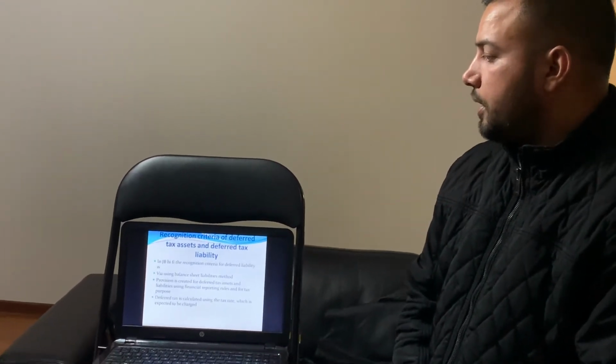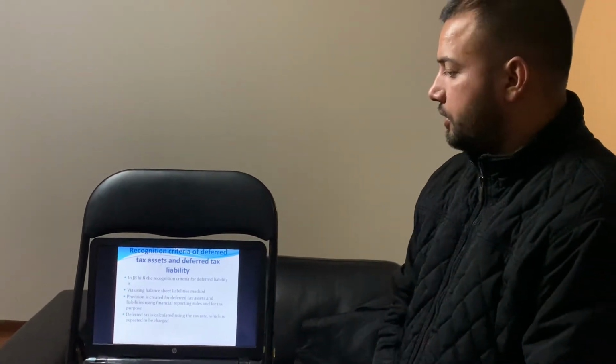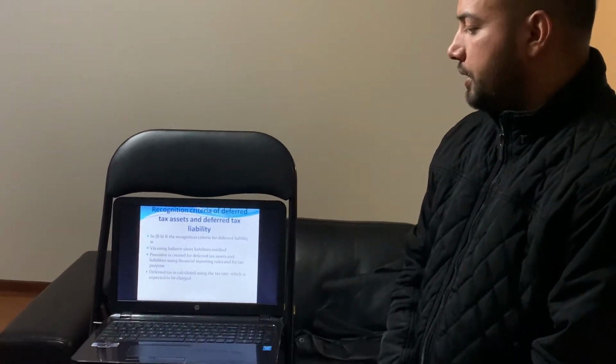Moving forward, the recognition criteria of deferred tax assets and deferred tax liabilities. What are the recognition criteria, and which are the standards? In JB Hi-Fi, the recognition criteria for deferred liability is via the balance sheet liabilities method.